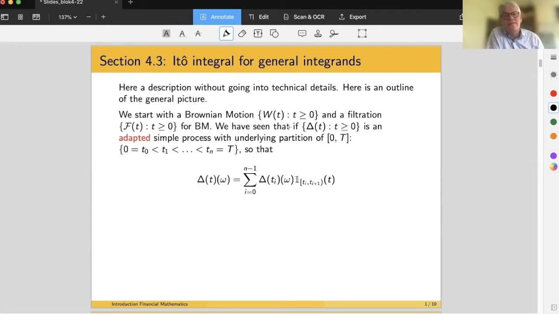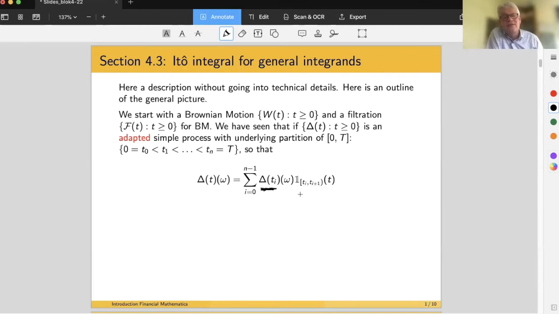Now these adapted simple processes were defined as follows. Delta_t was the sum, i runs from 0 to n minus 1, Delta_{t_i} times the indicator function of the interval [t_i, t_{i+1}). If we look at this carefully, we see that it is in fact the value of Delta at the left side of the interval, at t_i, that is the constant in front here.